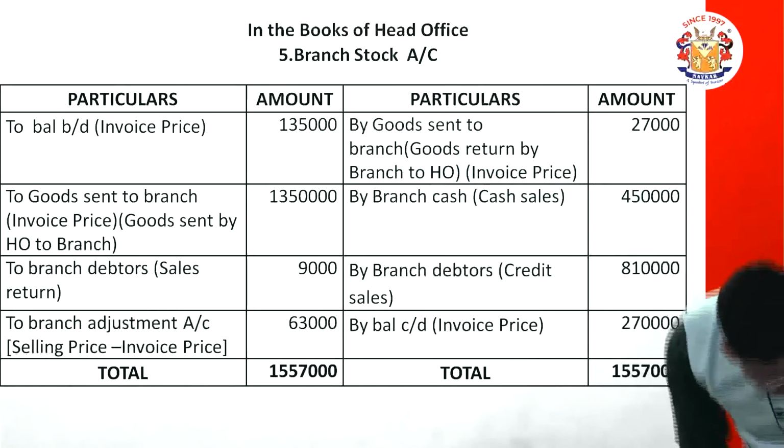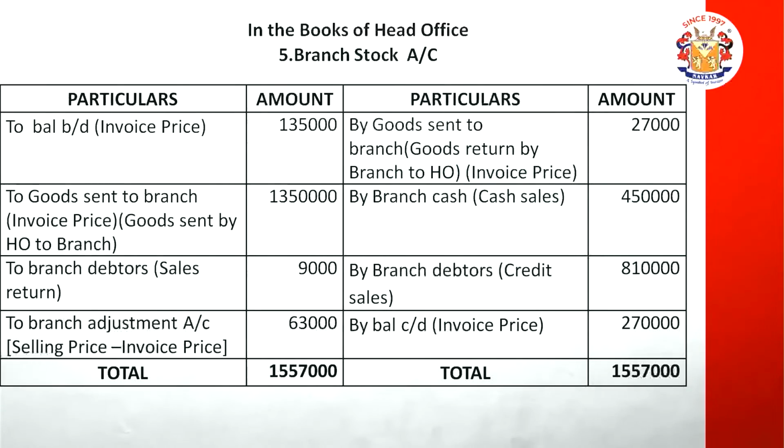Let us check. On the debit side of branch stock account, we are going to record opening branch stock at invoice price 1,35,000. Further, on the debit side, we are going to write goods sent to branch at invoice price 13,50,000.